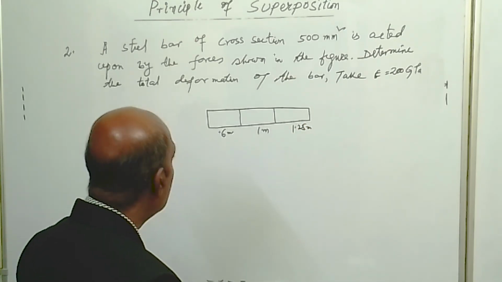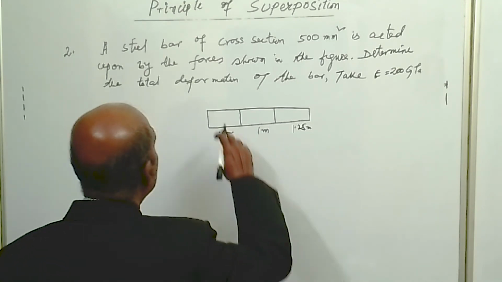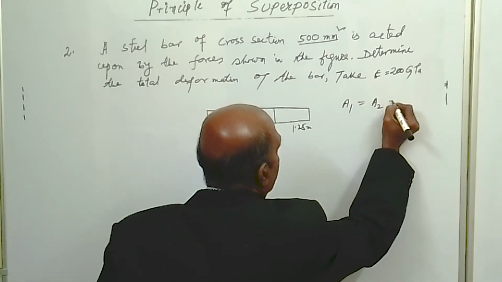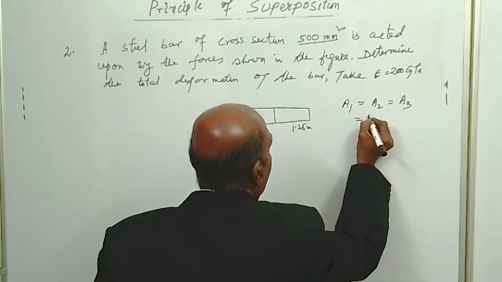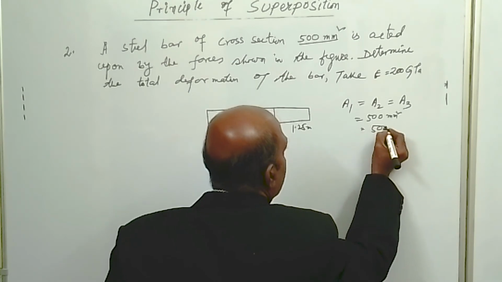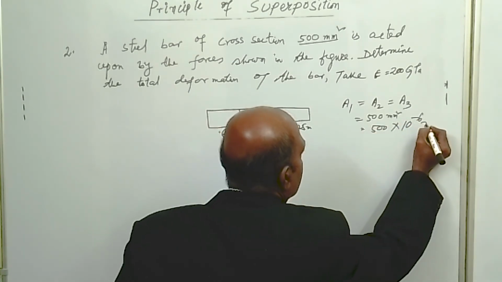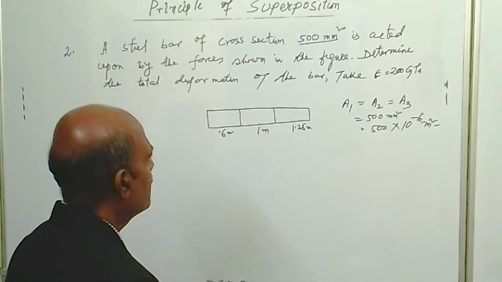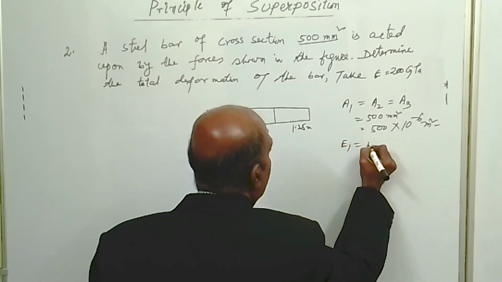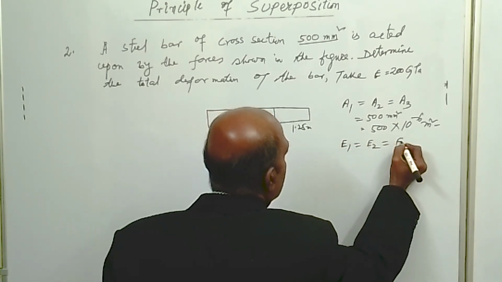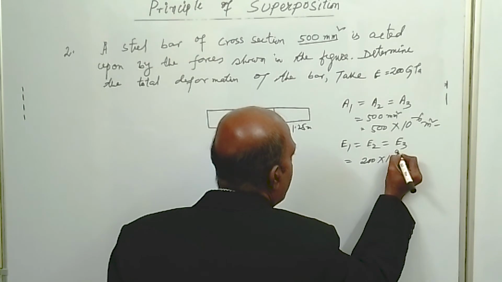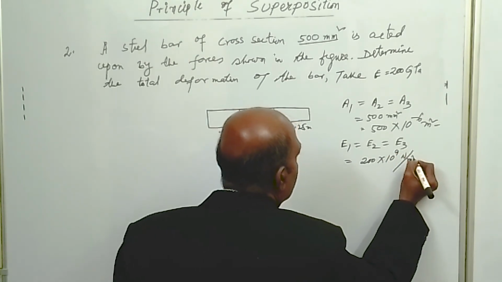So the lengths are different and the cross-sectional area throughout is given as A1 is equal to A2 is equal to A3 is equal to 500 millimeter square, which is 500 into 10 to the power minus 6 meter square. Second, the E value throughout is the same, E1 is equal to E2 is equal to E3, equal to 200 into 10 to the power 9 Newton per meter square.